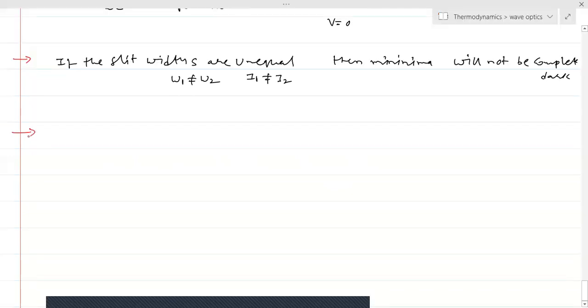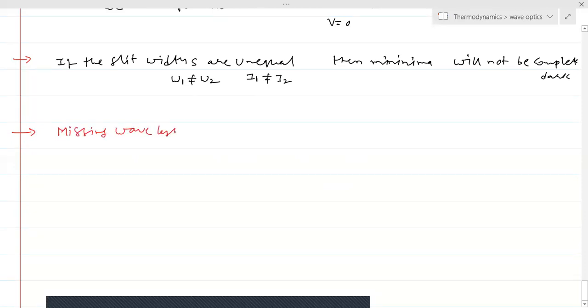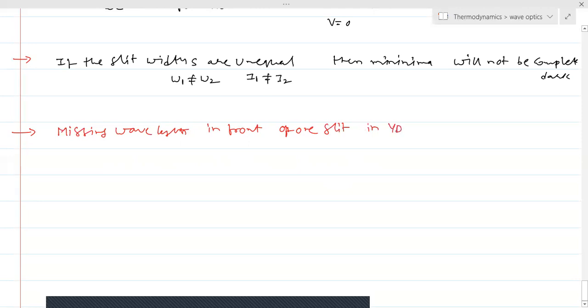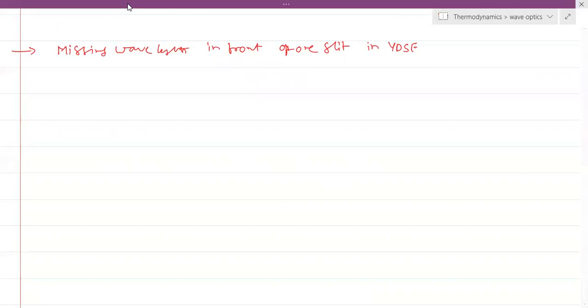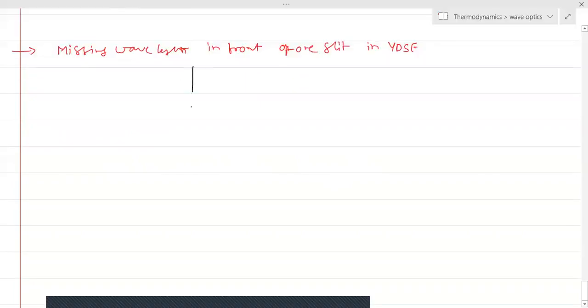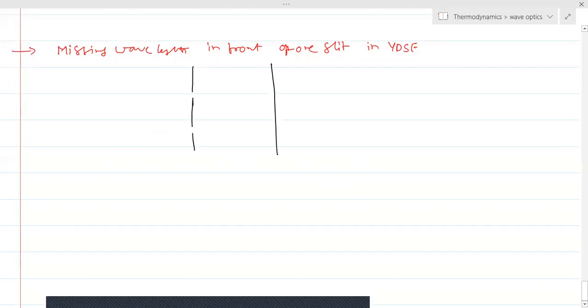Next, we are taking one more thing, that is missing wavelengths. This is very important. Missing wavelength in front of one slit in YDS. So actually, we have been taking a double slit, and this is the screen.